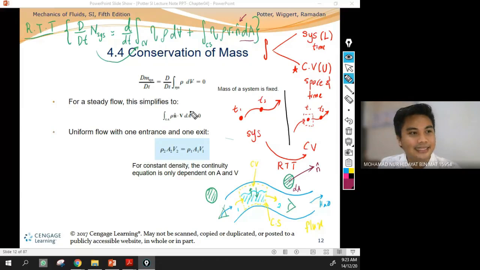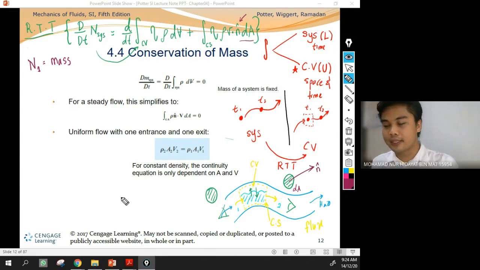So the next is, after we understand the RTT formula, the curly bracket here is the formula, we try to apply it to extensive property number 1, which is the mass.